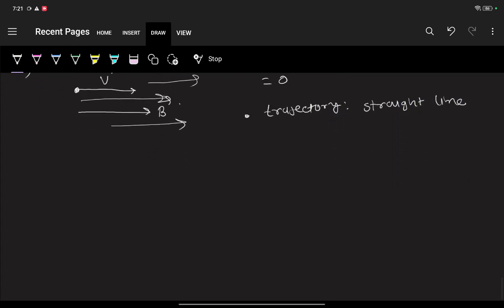Now what if we project the particle at the angle 90 degree? That means the magnetic field is, let's say, into the page.